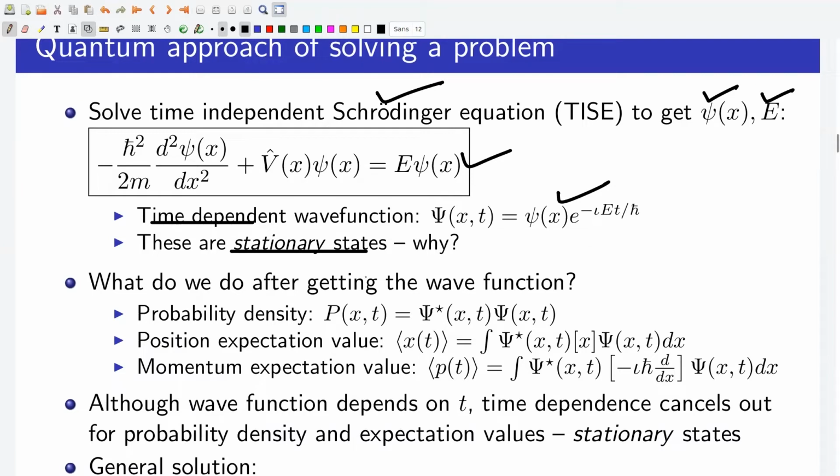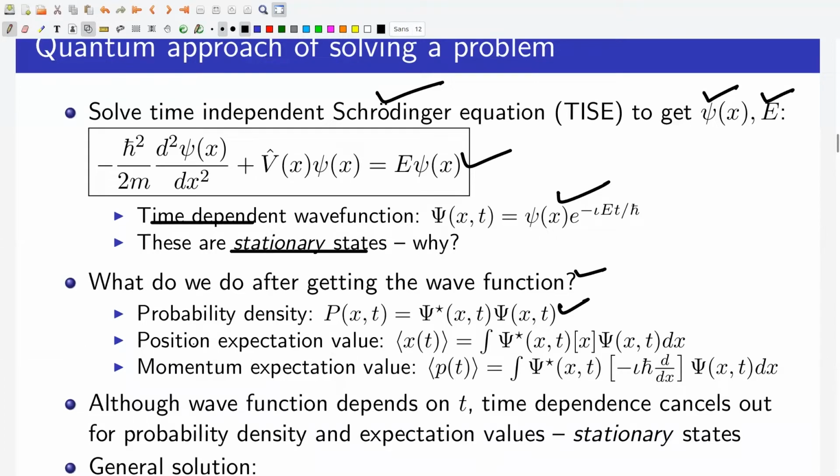Okay, let's see why. What do we do after getting the wave function? We can define something called the probability density P(x,t), which is given by ψ*(x,t) times ψ(x,t).